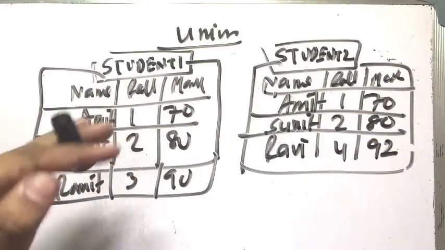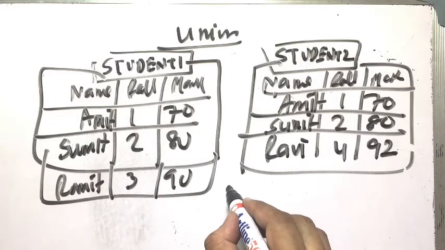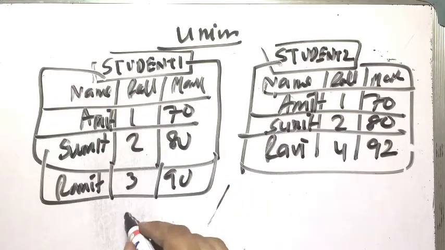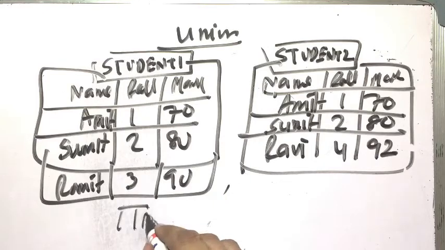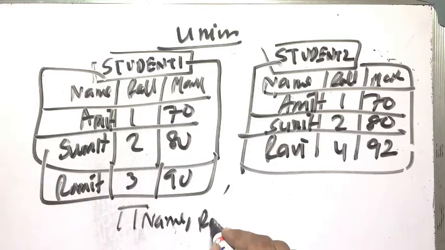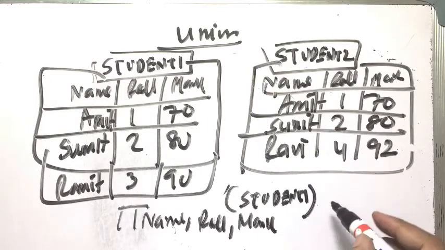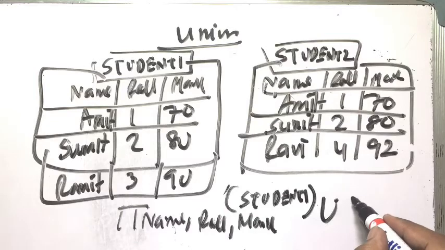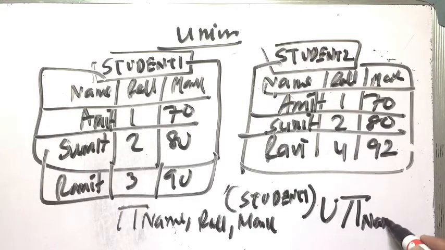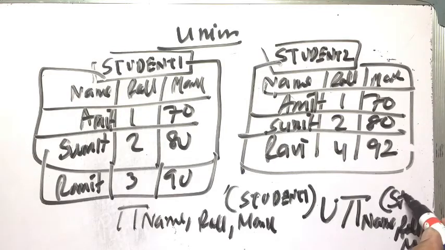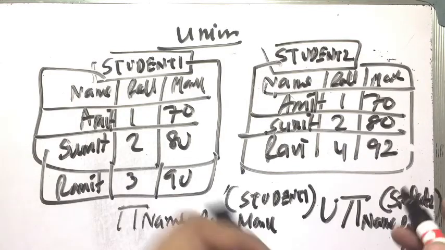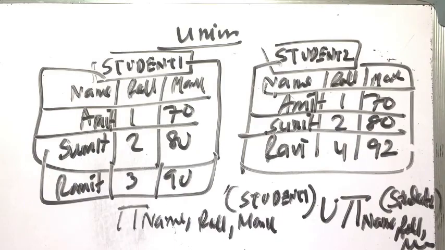Then when we perform the union between these two tables, we write pi name, roll, marks of Student 1, union pi name, roll, marks of Student 2, where the attribute set is common. It will perform the union between these two tables. So this is the union operation.